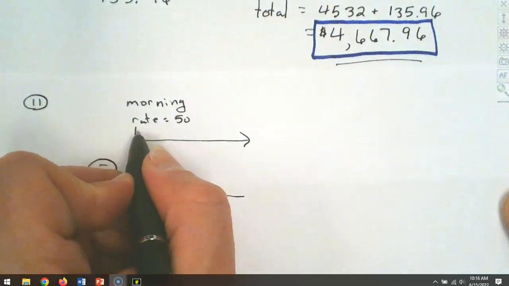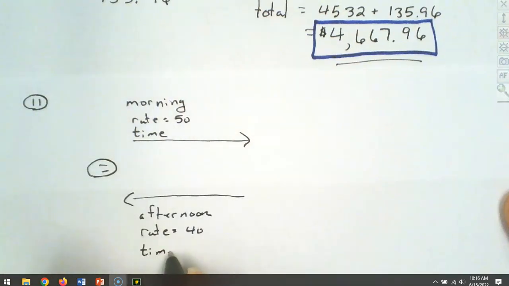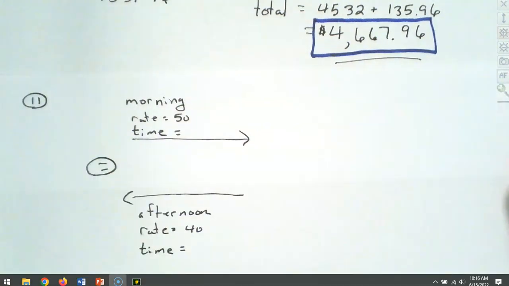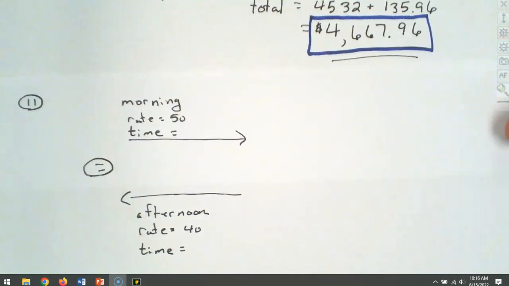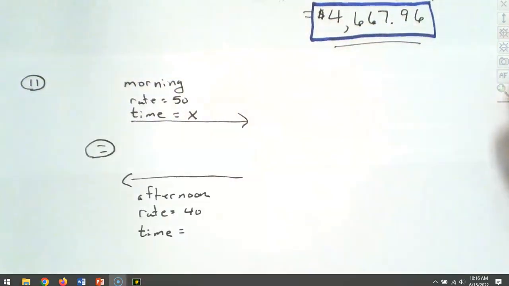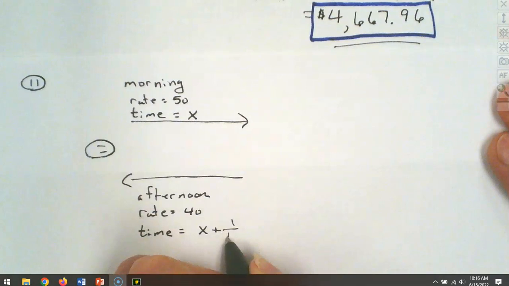And then we've got our time in the morning and our time in the afternoon. Now, what we don't know is our time in the morning, because it says the return trip, it took a tenth of an hour longer. So the morning time, we don't know, so we use an X there. In the afternoon, it says it takes a tenth of an hour longer, so that's going to be X plus 1/10.